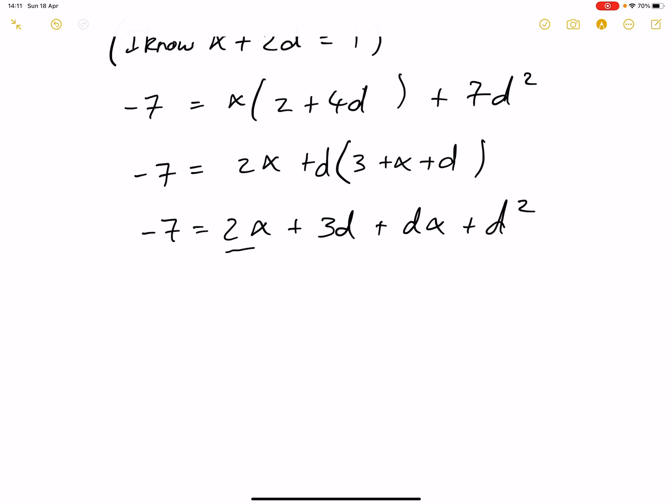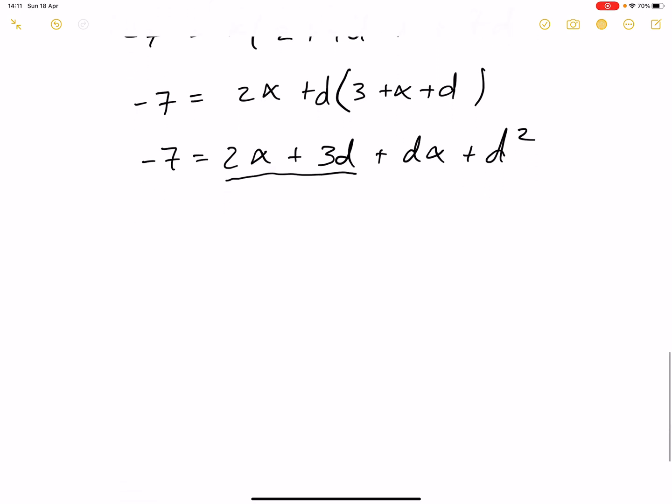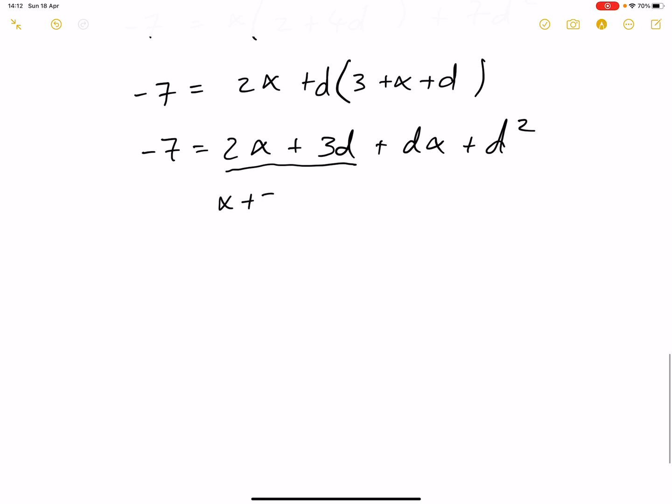And I can take one last alpha plus 2d out here, so that will leave me with 1 plus alpha plus d plus alpha d plus d squared. And that's equal to minus 7. And I can take this 1 over and subtract from both sides, so that will give me that it's all equal to minus 8.